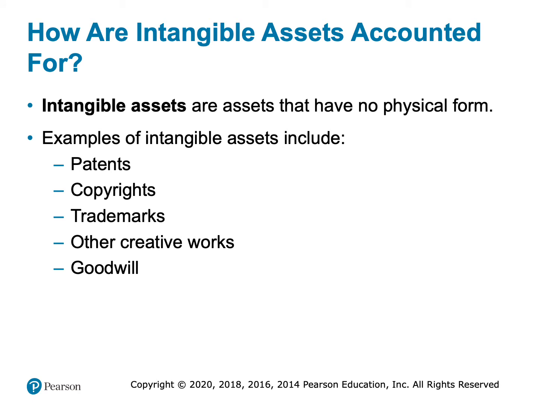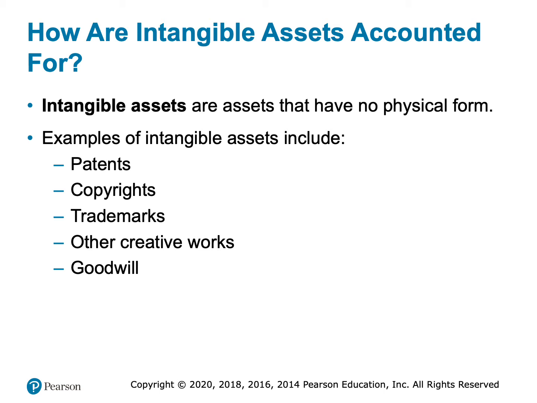Now, the last category we have would be intangible assets. Intangible assets are assets that don't have a physical substance, but they give us rights or privileges that are valuable to us, and so we get to record those. Some examples would be if I am a drug company and I have a patent on a drug, then obviously I own that. That's valuable to me. It gives me the exclusive right to produce that drug, so I am going to record that at what it costs me to get that patent.